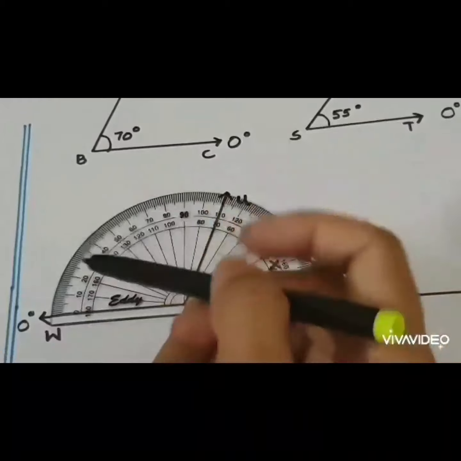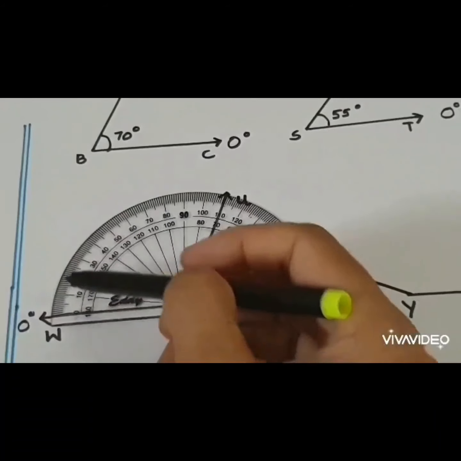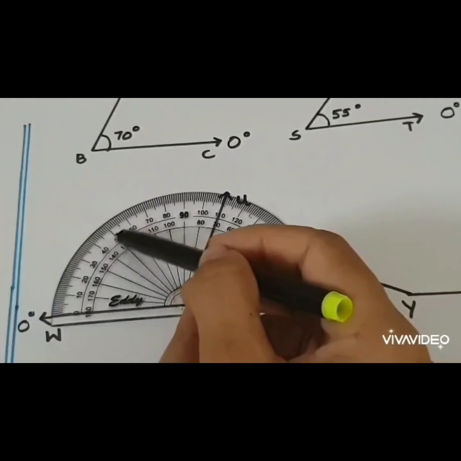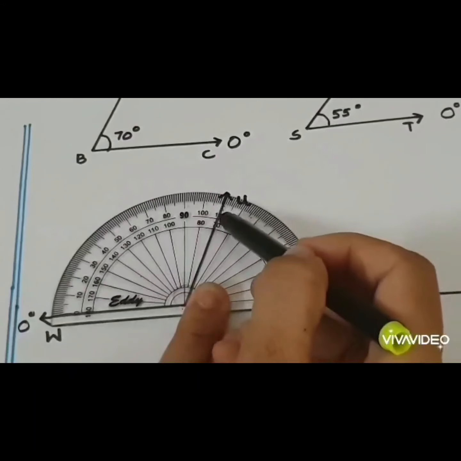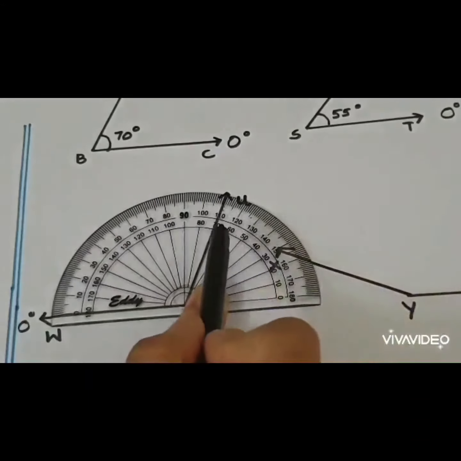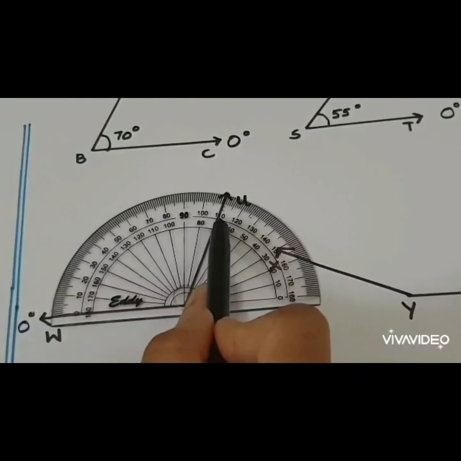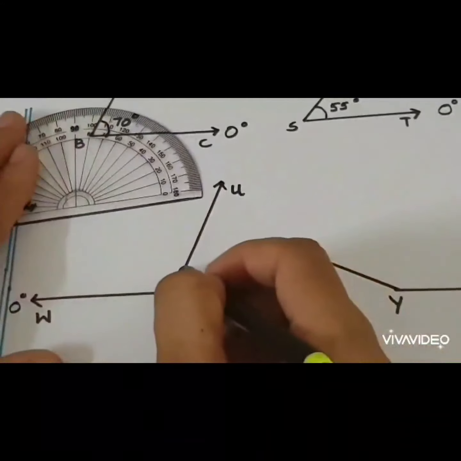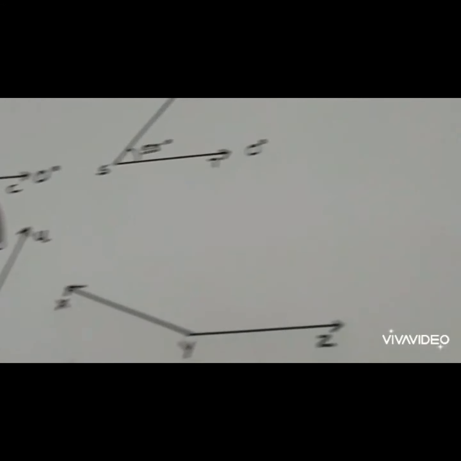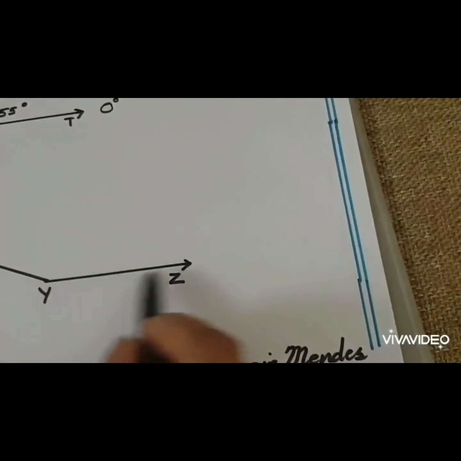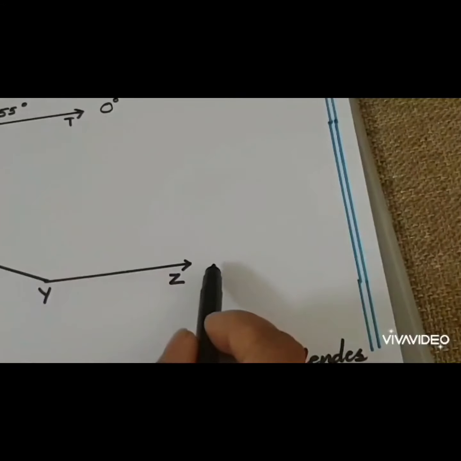Check which marking on the protractor is aligned with the arm of the angle UV. Once you have checked that, then you will write the measure of the angle. In this case, it is 110 degrees.